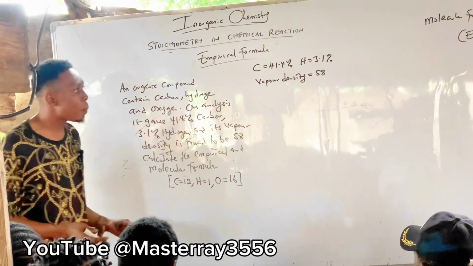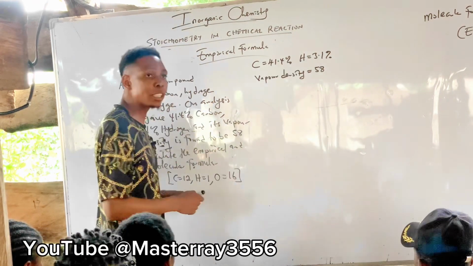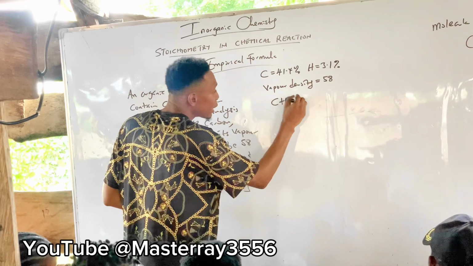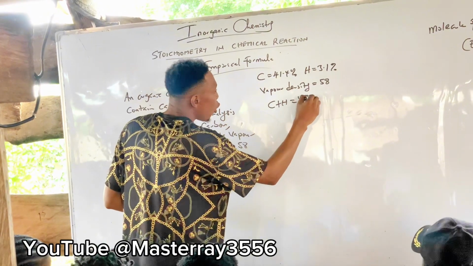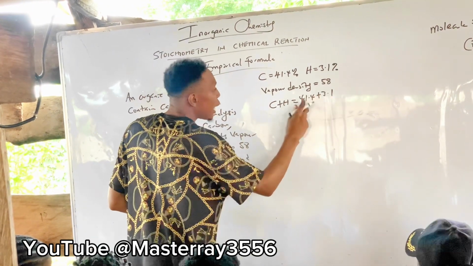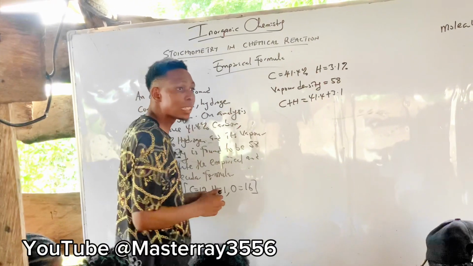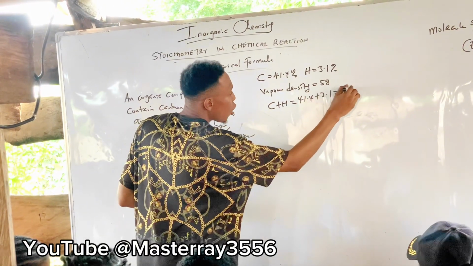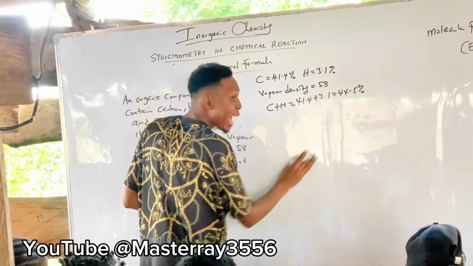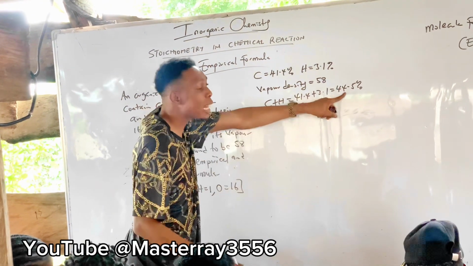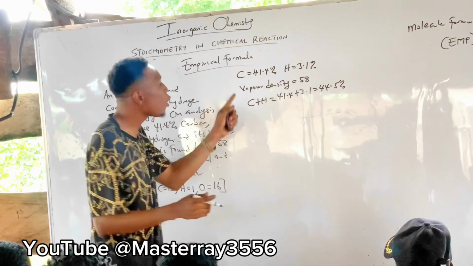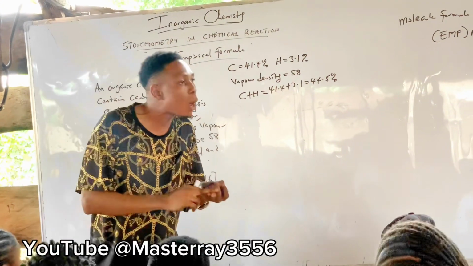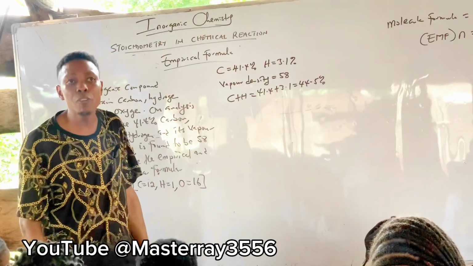Now this is how to go about it. I was given in terms of percent. What did I say you do? You add up the two together, that is C plus H, 41.4 plus 3.1. What do we have? We have 44.5%, and we subtract this from 100. You can see that what they gave us was just carbon and hydrogen, and the compound contains carbon, hydrogen, and oxygen.